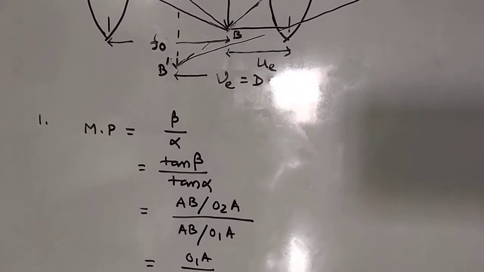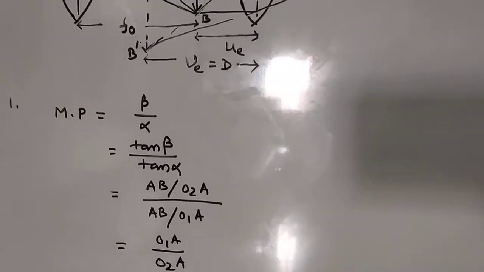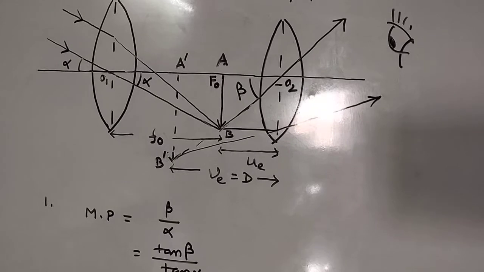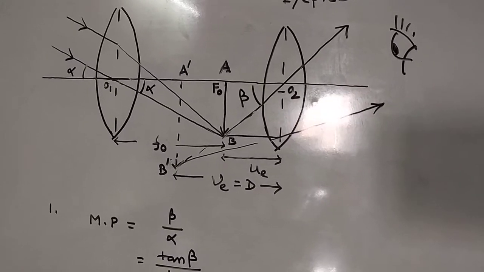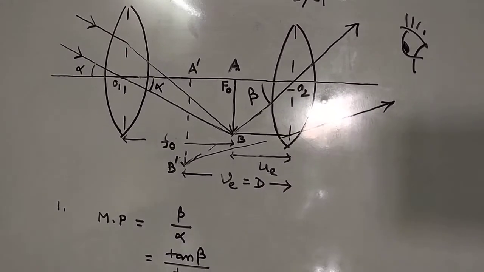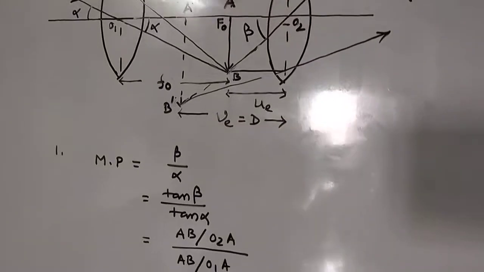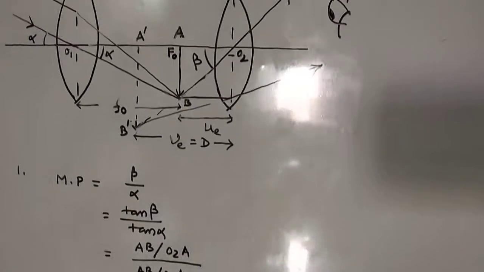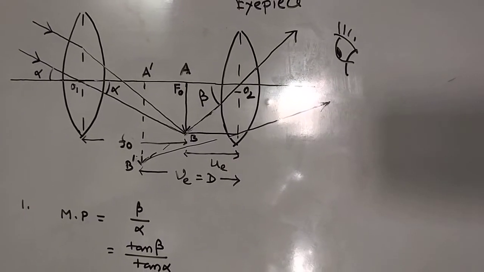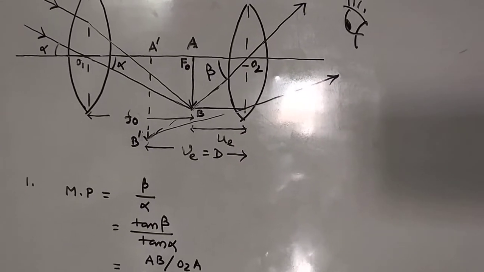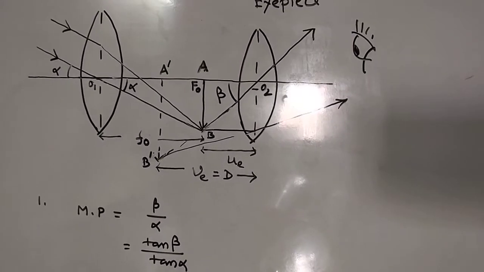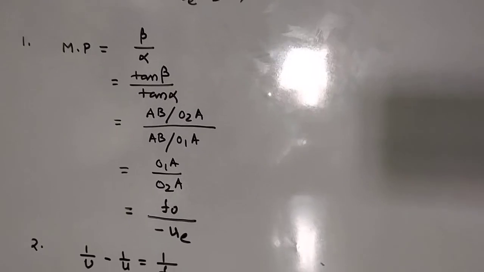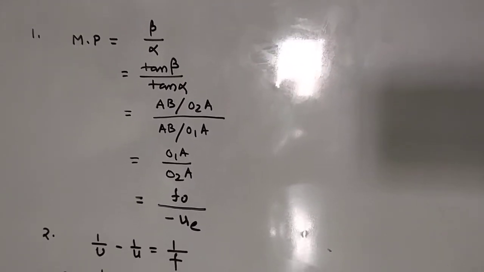On simplification, we get O1A by O2A. O1A is f0, because the object is at infinity, so the image is formed at the focus of the objective. And O2A is u_e, but as it is against the direction of the arrow, it is minus u_e. So the magnifying power comes out to be f0 by minus u_e.